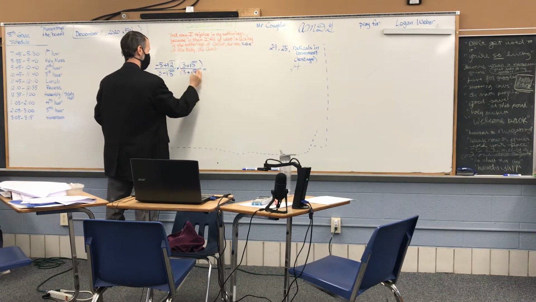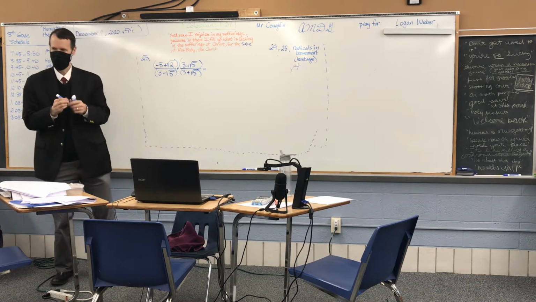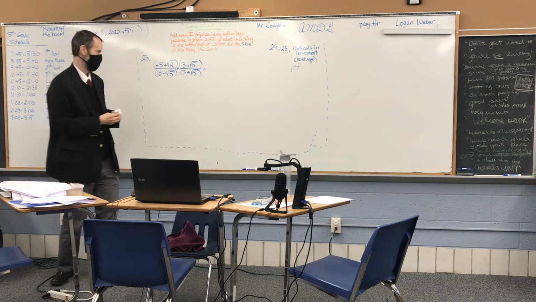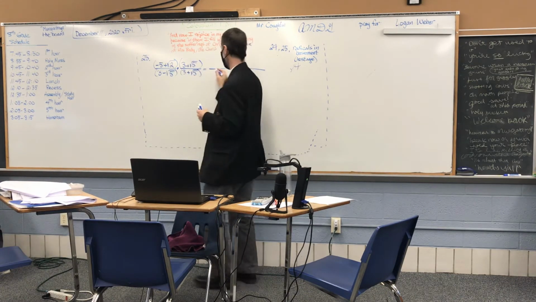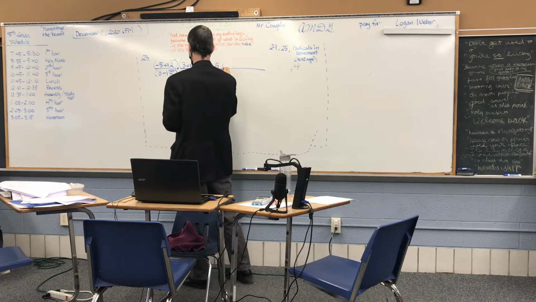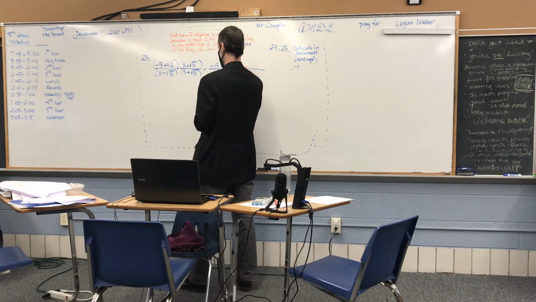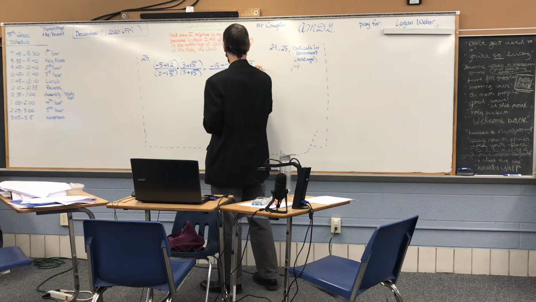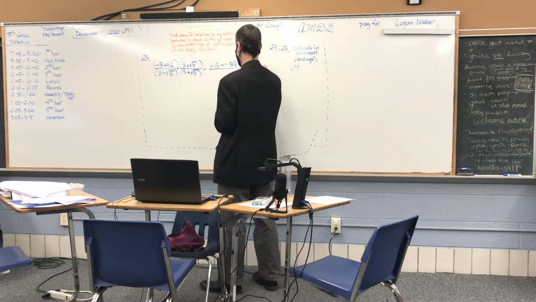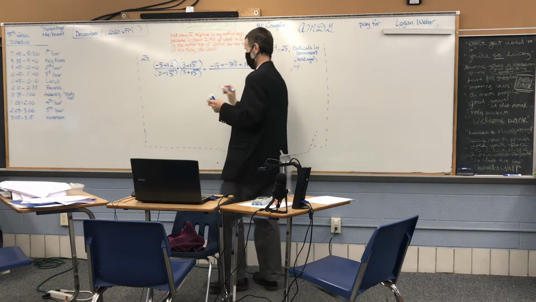Now what? What's the next step? FOIL. Go for it. Negative 15, plus negative 5 radical 5, plus 3 radical 2, plus radical 10, good. Radical times radical is radical.